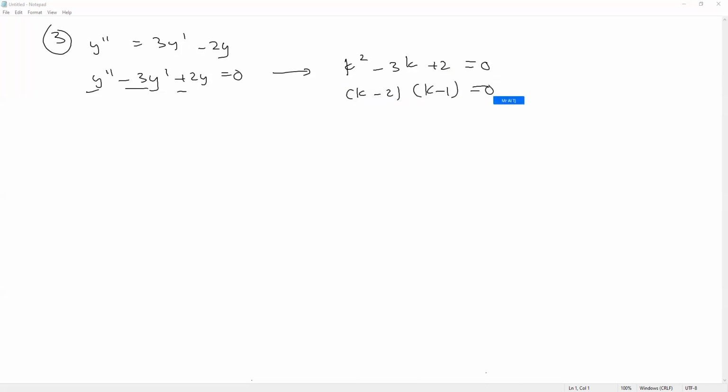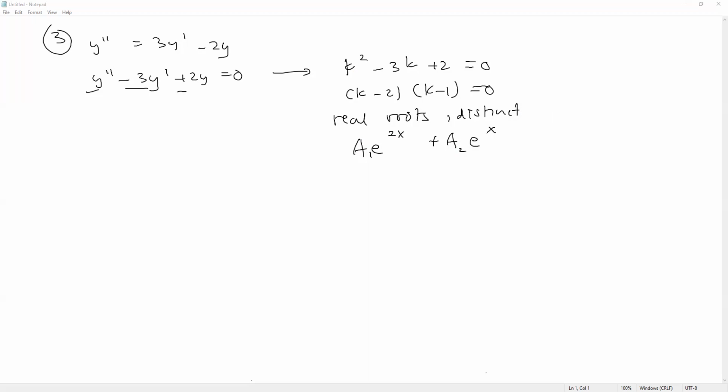This is real roots and distinct. Hence, the answers are a e to the power of 2x and e to the power of x. The number 1 and number 2 refer to the number of roots.